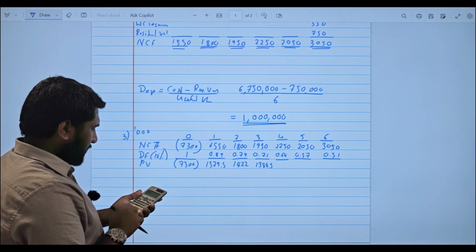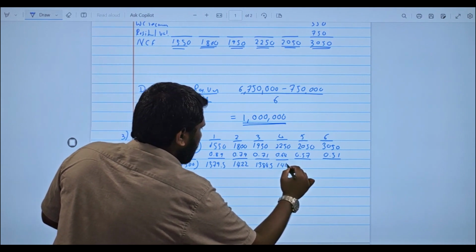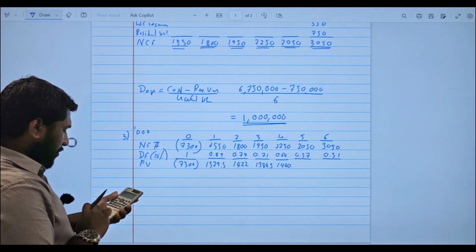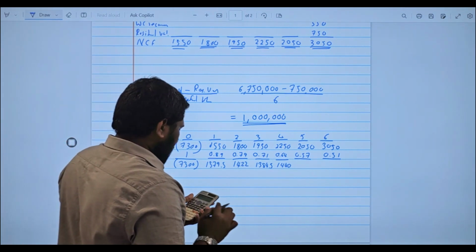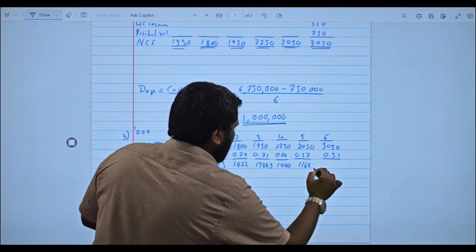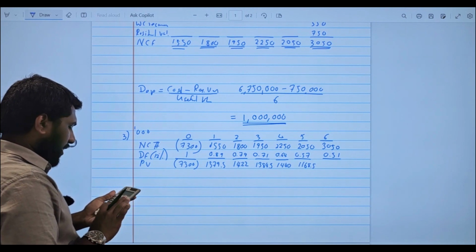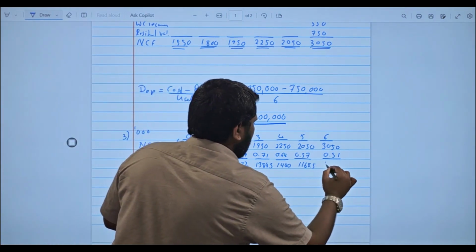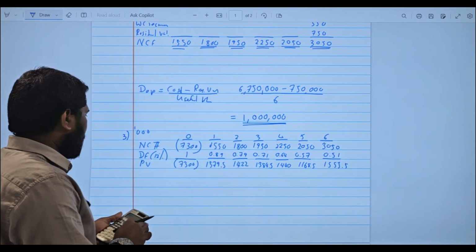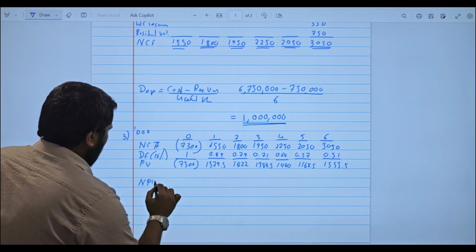Next one, 2250 into 0.64, it is 1440. Here 2050 into 0.57, I am getting a value of 1168.5. Next one, 3050 into 0.51, it is 1555.5.